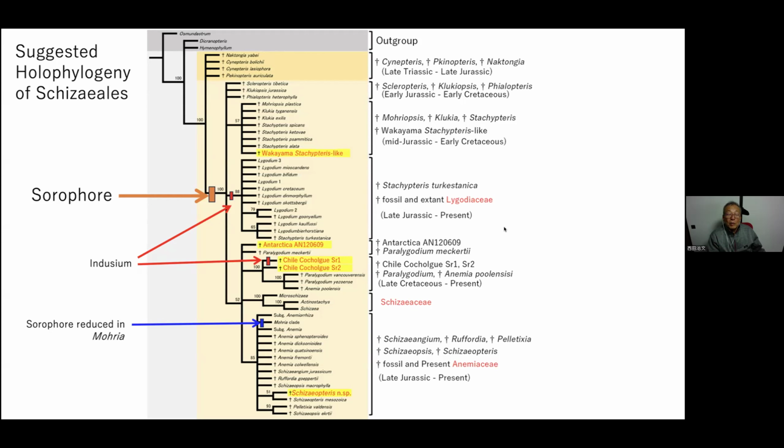So we have many things to do in Antarctica, but it depends on the vice versa things, because if we want to dig more fossils, global warming is a problem. So I don't know the future, but at least we found a very good sample in Livingston Island.